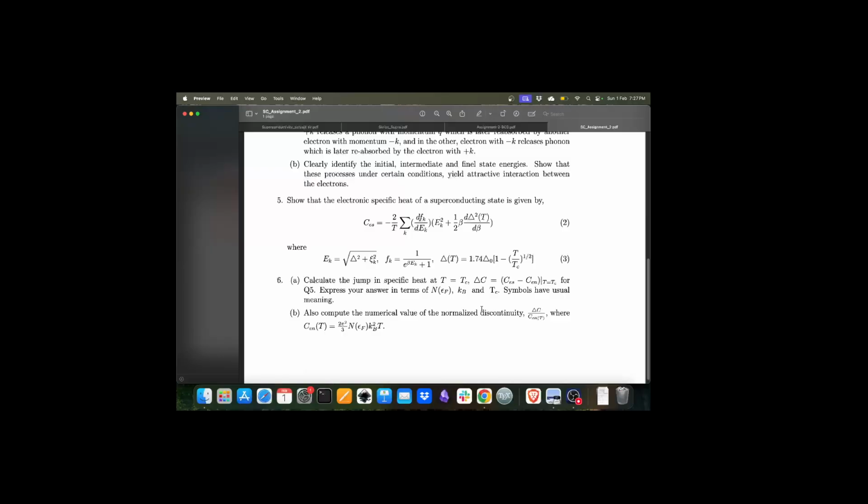So 2 by T sum over k del Fk del epsilon k, then epsilon k square plus beta by 2, at T equal to Tc. So this means minus 2 by Tc sum over k.